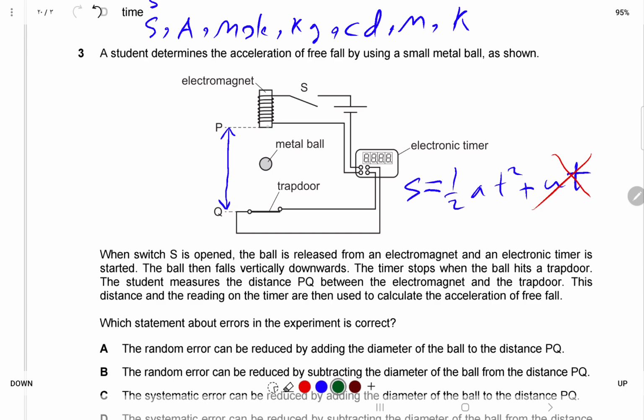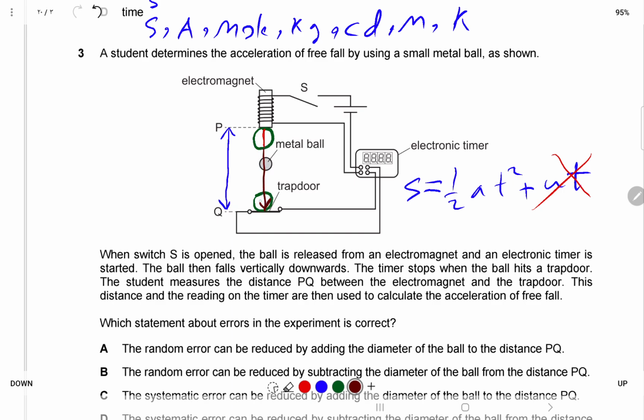Here you have the ball. It was initially like this, then at the end it was like this. Now focus on the diameter of the ball. That's the diameter of the ball here. Now, what is the distance fallen by the ball? If you focus on this distance, you will find that it is this distance from here to here.